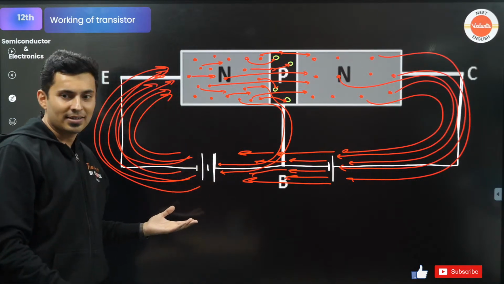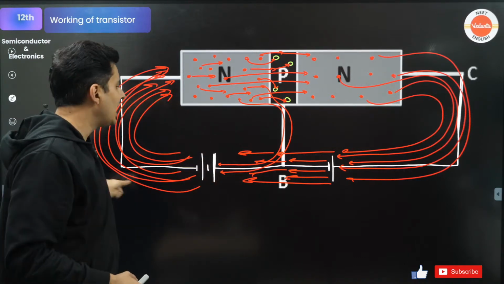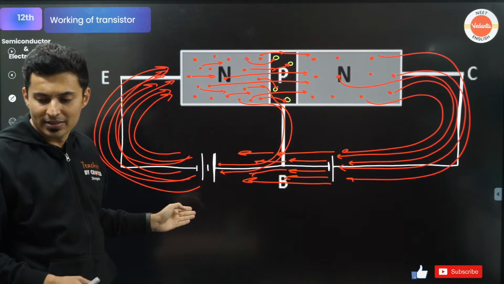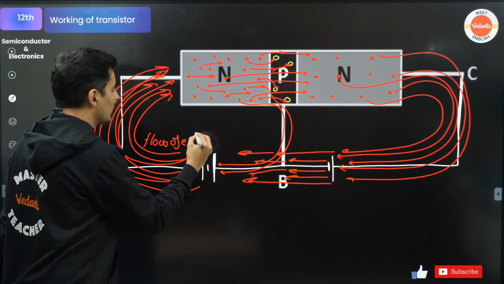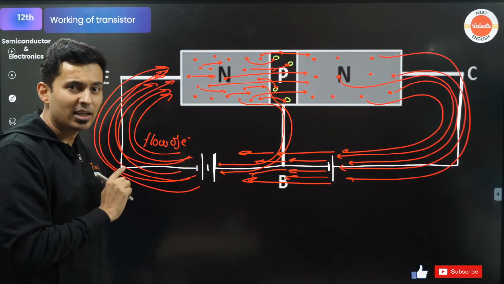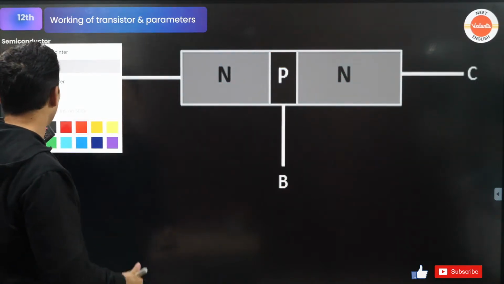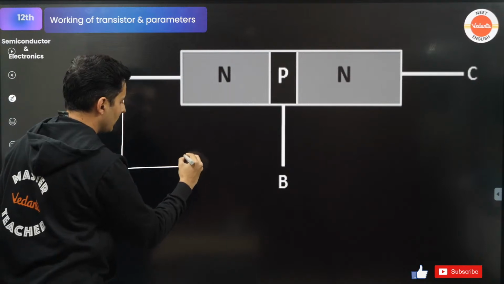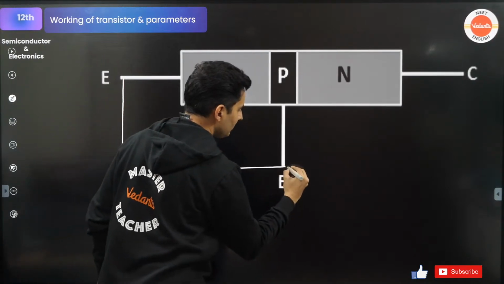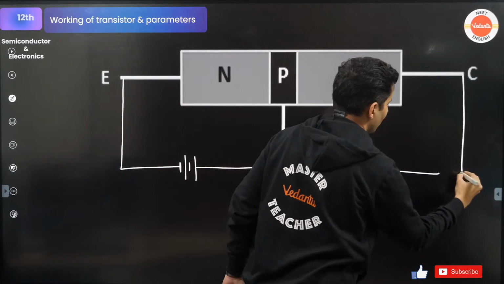So, my dear students, if I show the current, it will be exactly opposite, no? Because these are electrons. These are nothing but your flow of electrons. Current, the conventional direction, is opposite to the flow of electrons. So guys, if I show the current, basically N is connected to negative. How will the current look?